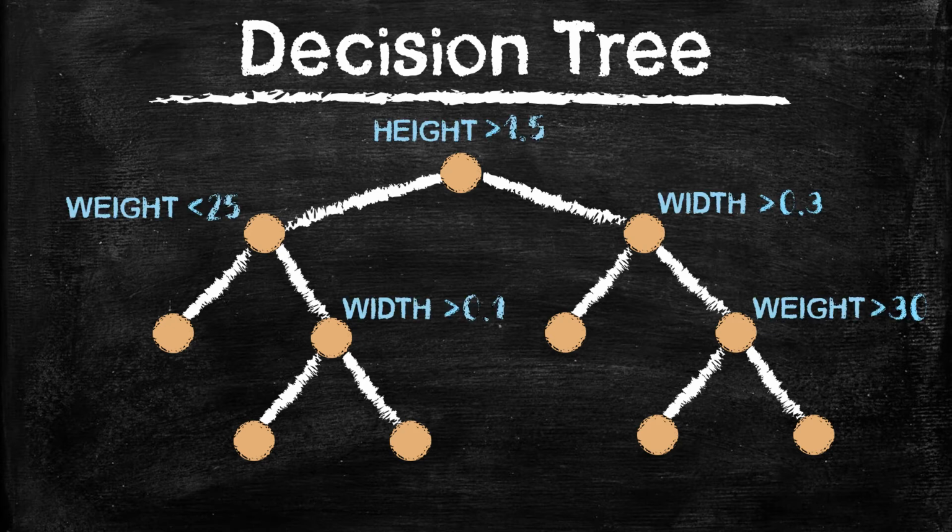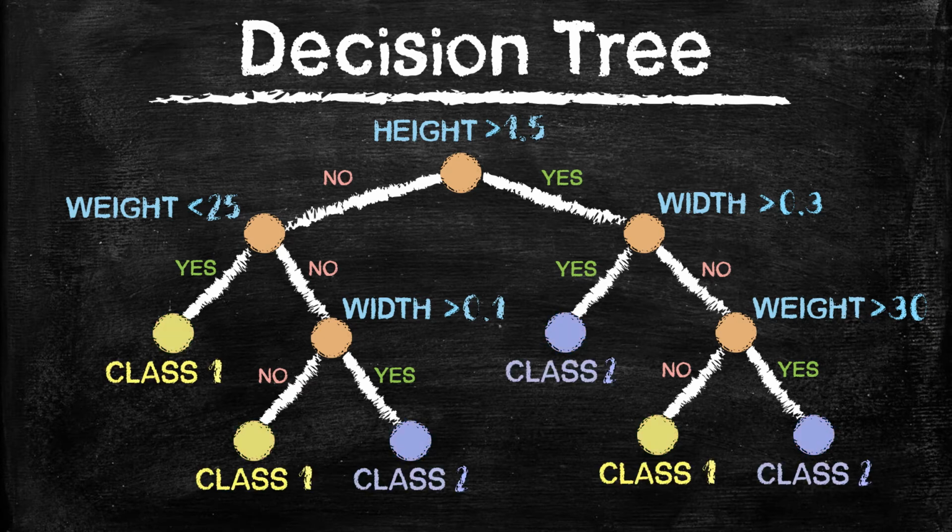So as you can see, I have used the heights, the widths, and the weights, come up with some condition that we're going to compare them against, and as I mentioned before, it's going to give us a yes or no. For example, in the first node, if the height is greater than 1.5, we are going to move to the right. If it's not, or if it's equal to 1.5, then we are going to move left. And we're going to work our way all the way down to these single nodes. And those single nodes are going to turn into our classes. So we have effectively mapped our features all the way down to the binary classes that we're looking for.